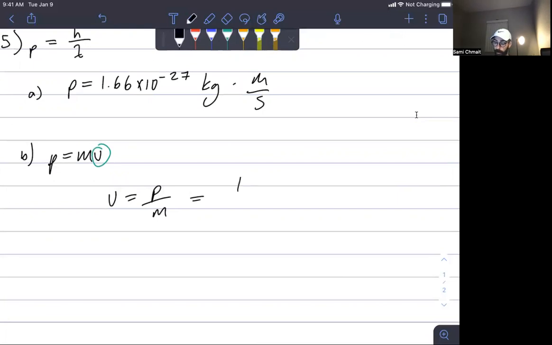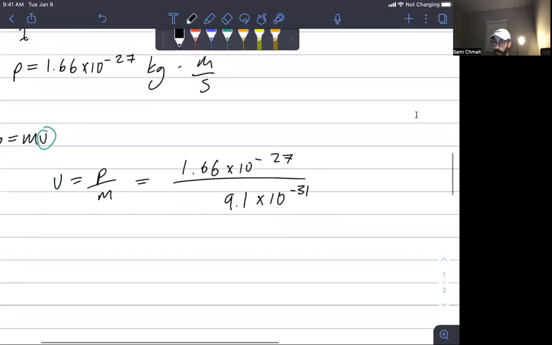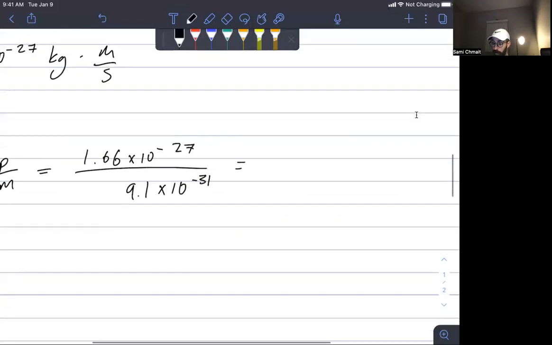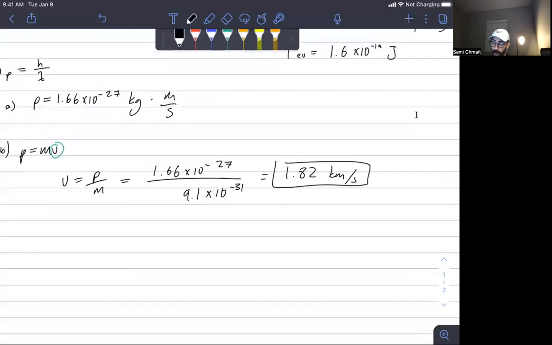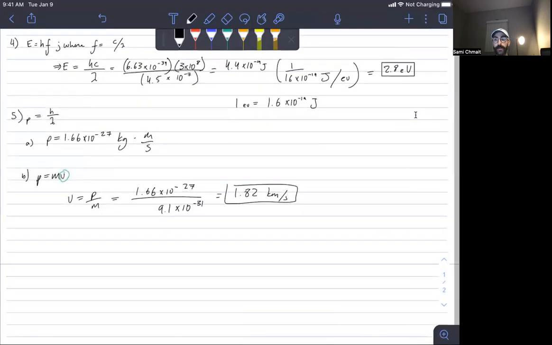So that's going to be equal to 1.66 times 10 to the minus 27 divided by 9.1 times 10 to the minus 31. And that's going to come out to be 1.82 kilometers per second.